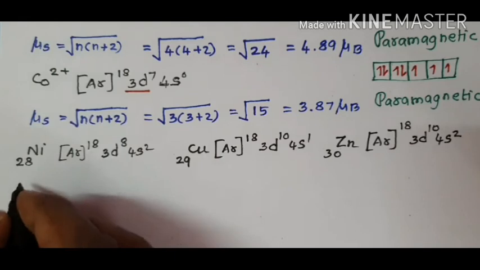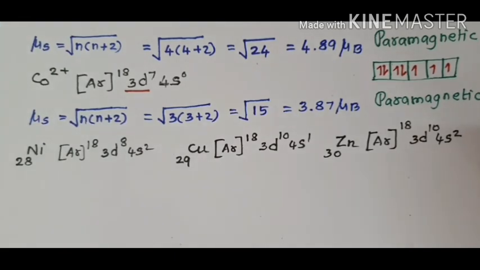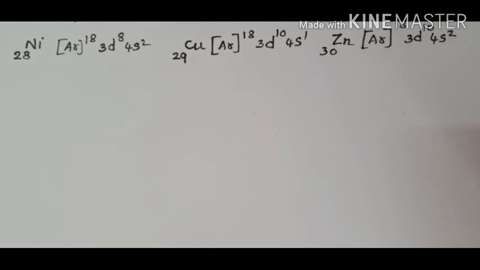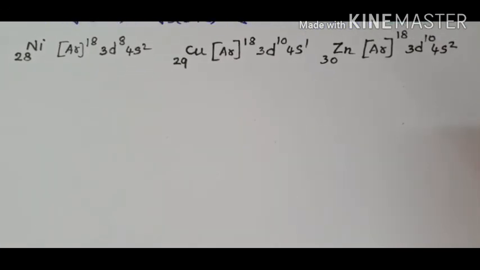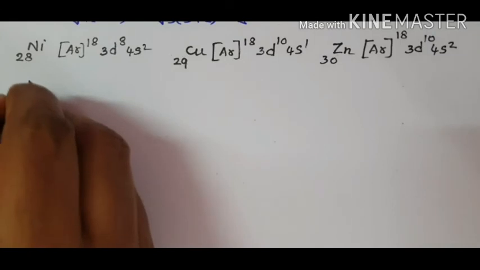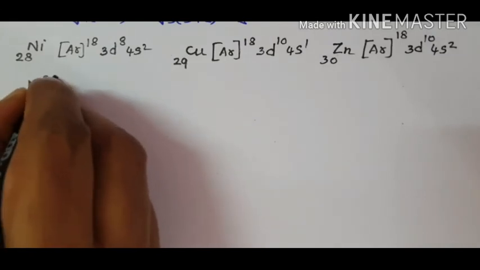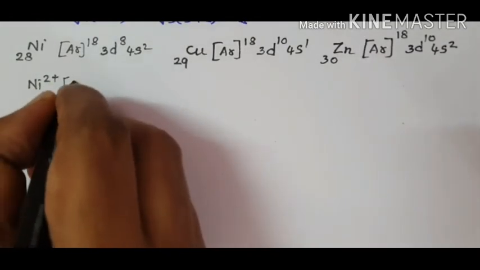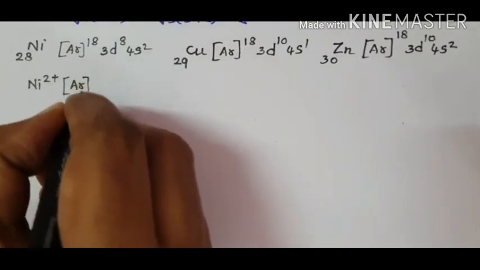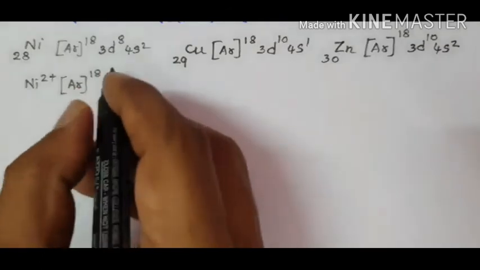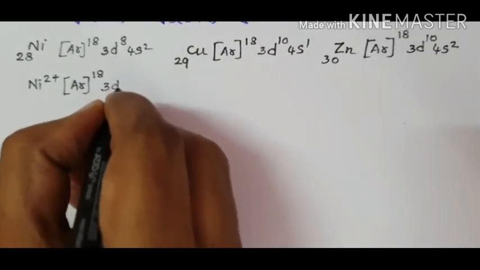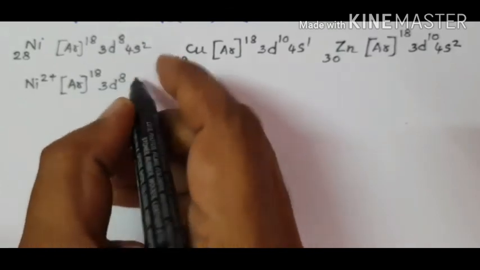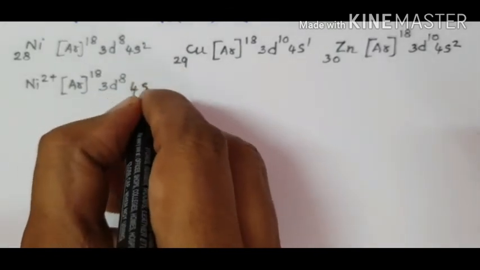Now we are going to calculate the magnetic moment of which ion? Nickel 2 plus ion. Nickel 2 plus ion indicates it lost how many electrons? 2 electrons. Therefore, argon 18 3d8, loss of 2 electrons from the 4s orbital, 4s0.